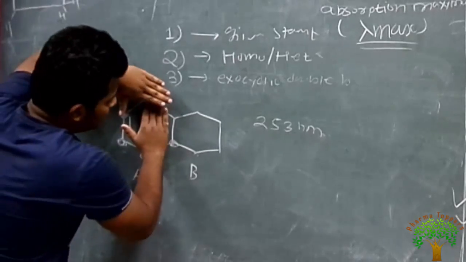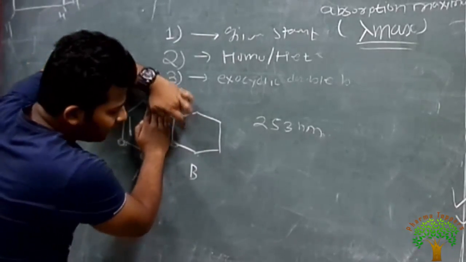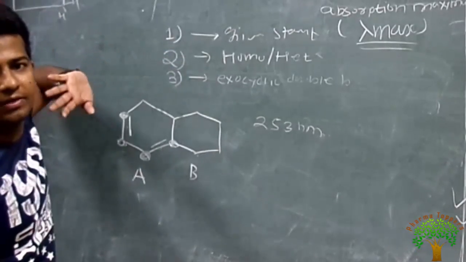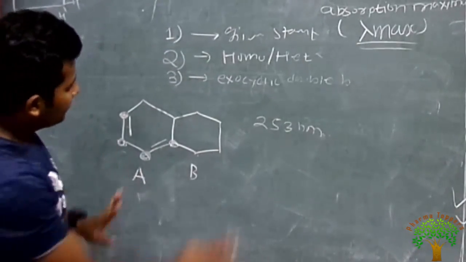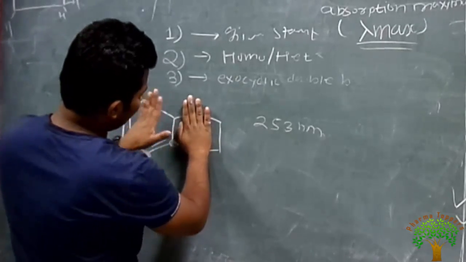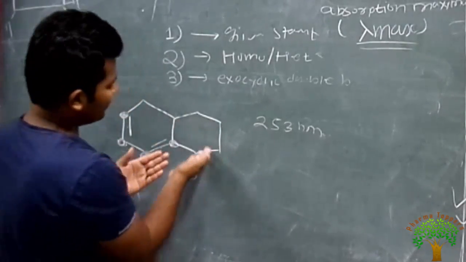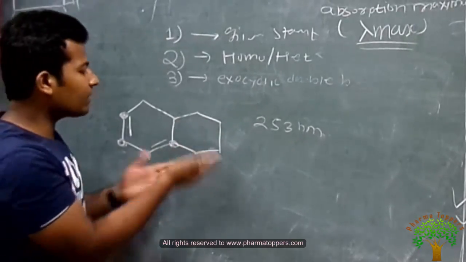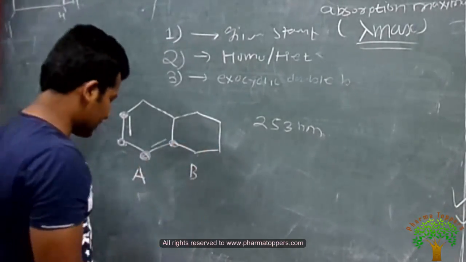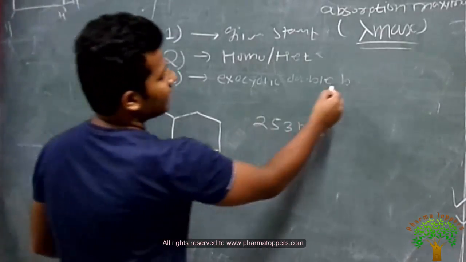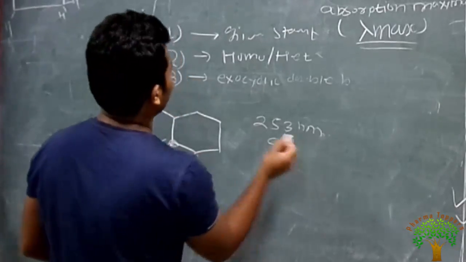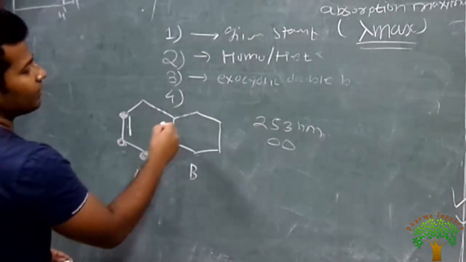Is there any double bond present outside the ring? No, there is an absence of an exocyclic double bond. There is an exocyclic double bond for this ring, but there is no conjugation in this ring. That's why we do not count it, and the exocyclic double bond contribution is taken as 0.